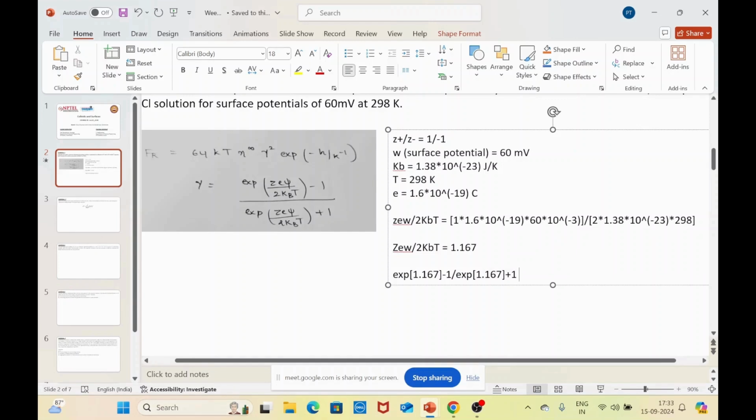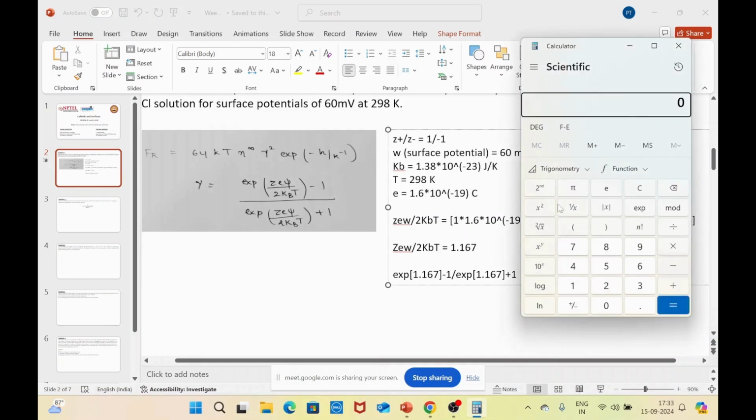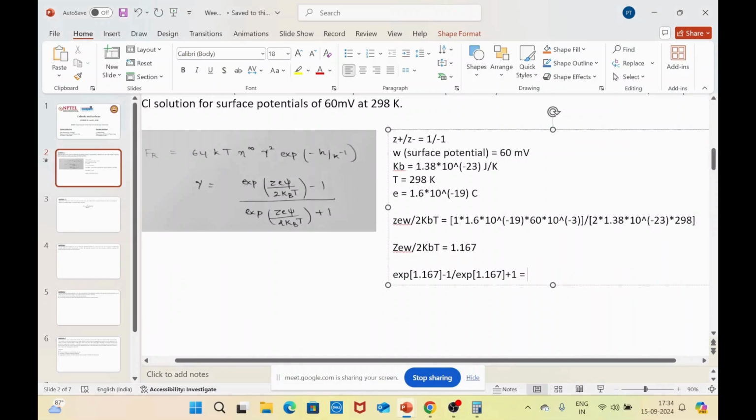So this value will be 3.212 minus 1 by 3.212 plus 1, nothing but 2.212 by 4.212.